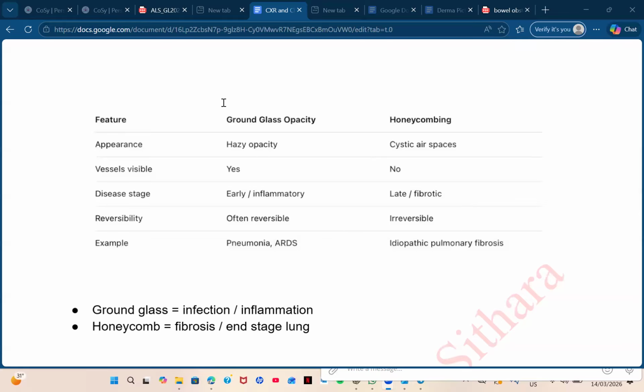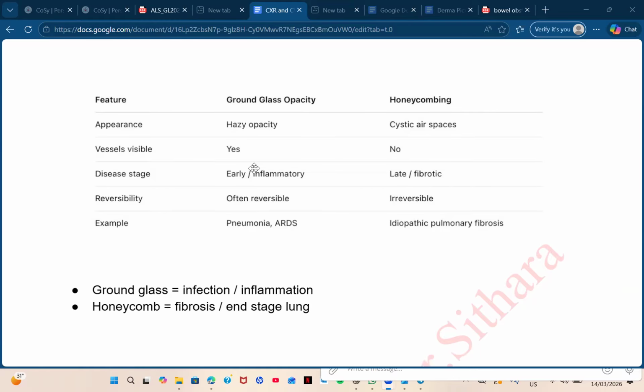Where we can see ground glass opacity, the appearance is hazy opacity. This is a less severe case, doctors. Visible vessels can be seen, and the disease stage is earlier. In sarcoidosis also we usually see ground glass opacity.